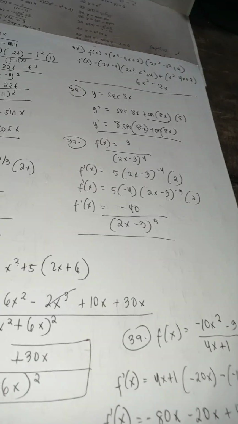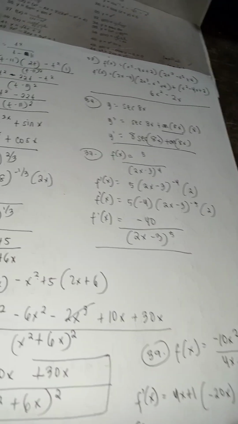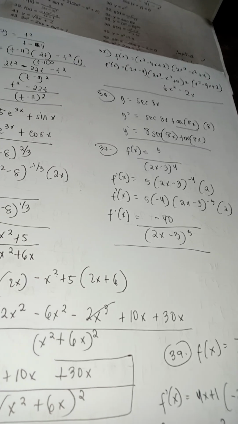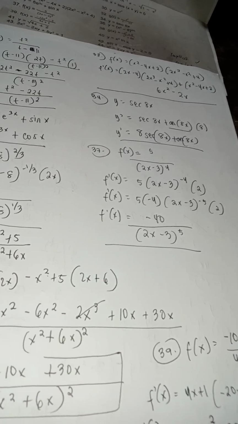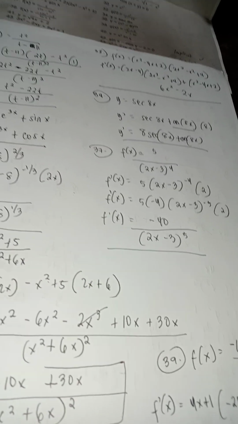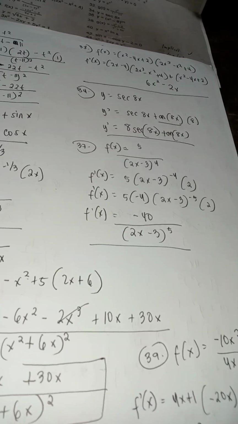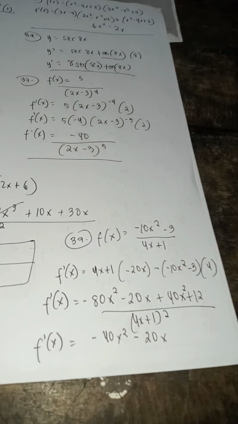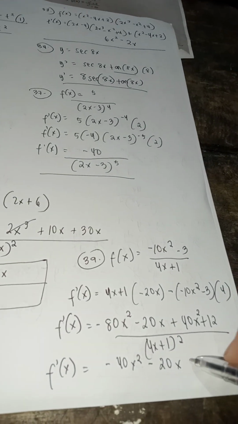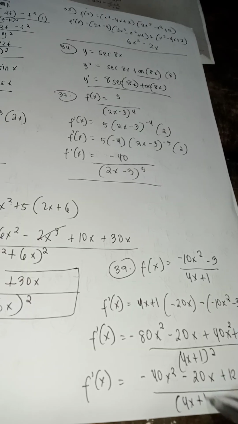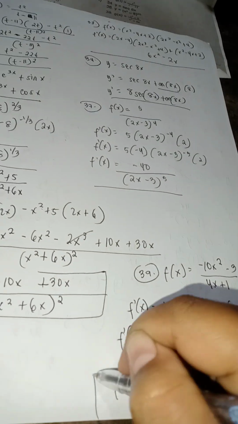So combine this, okay? So negative 80x squared plus 40 is equal to negative 40x squared minus 20x plus 12 over 4x plus 1 squared. This is our final answer.